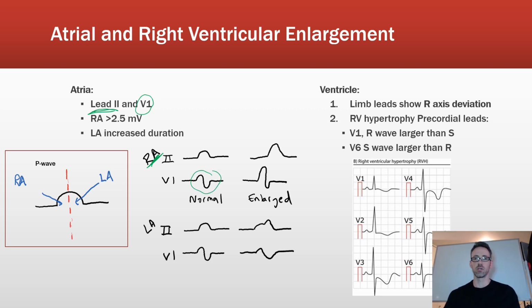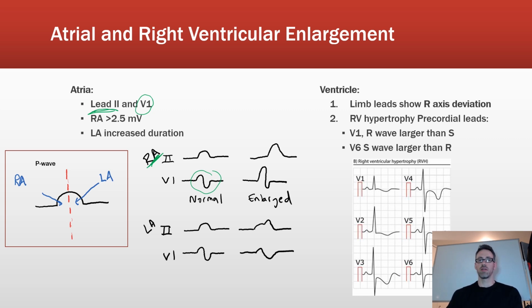And that's actually useful for us. So we're going to look at those two leads when assessing the P wave. The next thing I want to tell you is that if you take a look at this box over here to the left, if that's the P wave, you notice that I put a little red dashed line through it. And if you recall anatomically, the sinoatrial node is located in the right atrium.